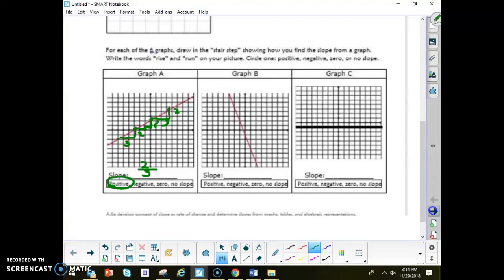Betcha this is a negative slope. So let's see. If I again look at what we call the crosshairs, here's one, here's one, here's one, here's one. I can make the stair steps.